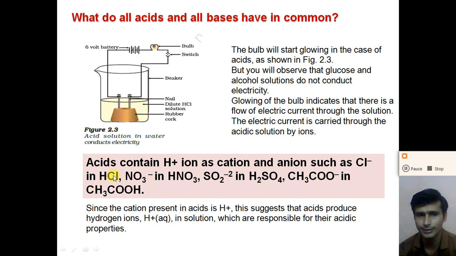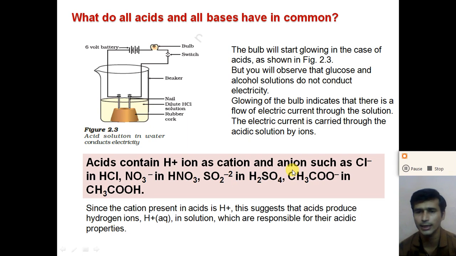So in HCl, the positive ion is H+ and the Cl- is the anion.